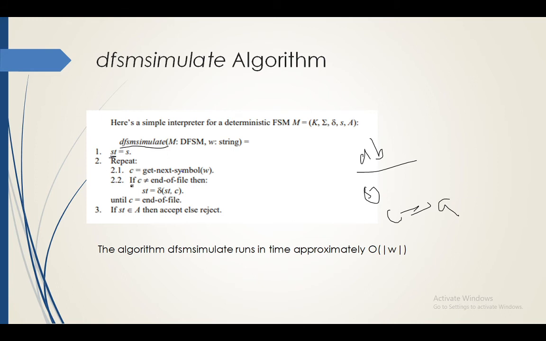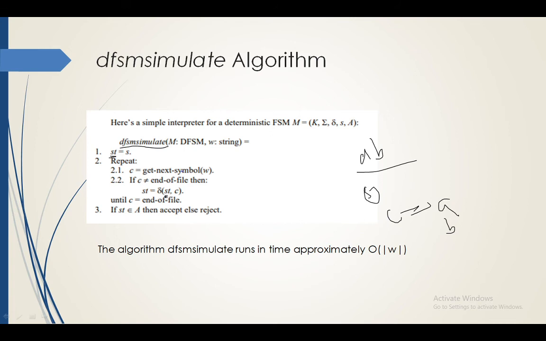Next, we are going to do this until you reach the end of the file. This is in a loop, so you are going to read the next character. What is the next character here? It is B. You are going to check whether B is the end of the file. No, it is not the end of the file. Then you check which state you are in: the start state.